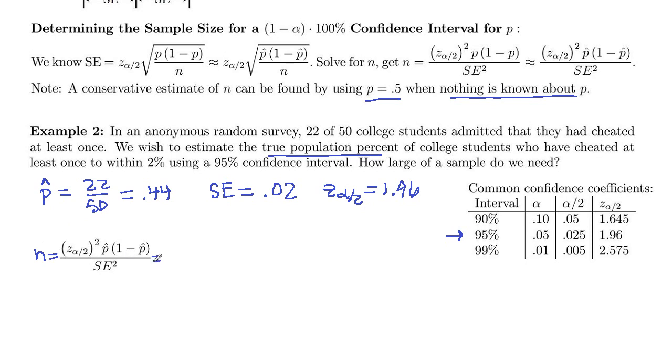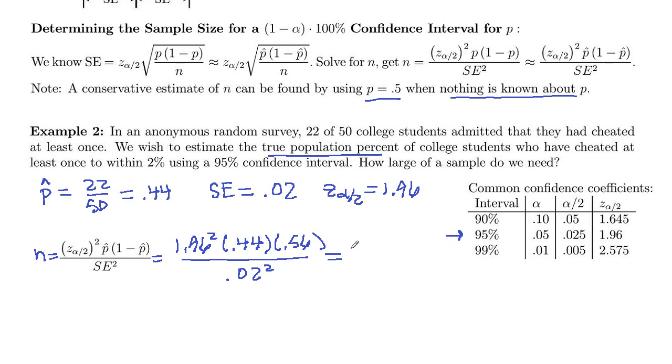So then n is going to be 1.96 squared, times p hat, which is 0.44, times 1 minus p hat, so 1 minus 0.44 would be 0.56, and then divide by our sampling error squared, 0.02 squared.